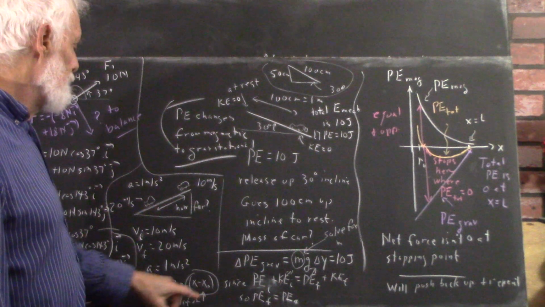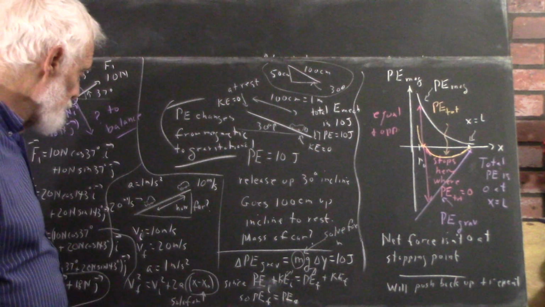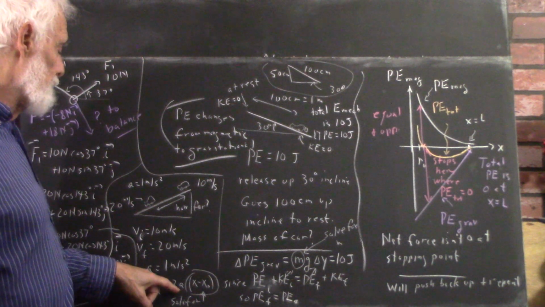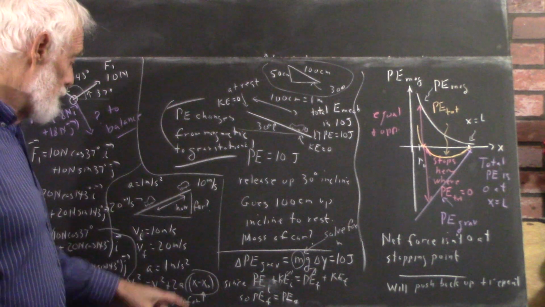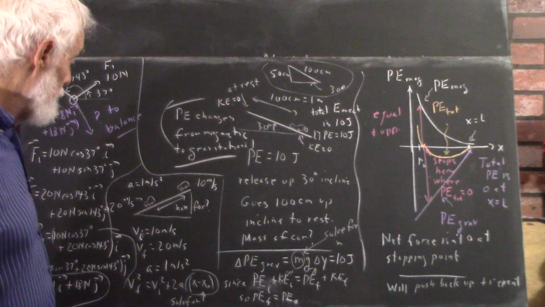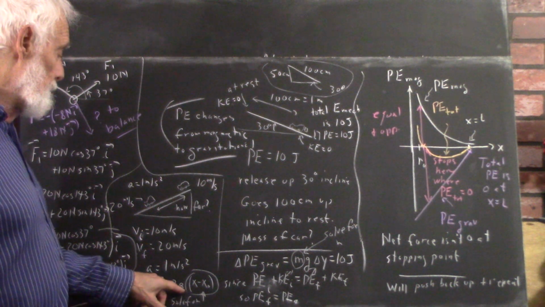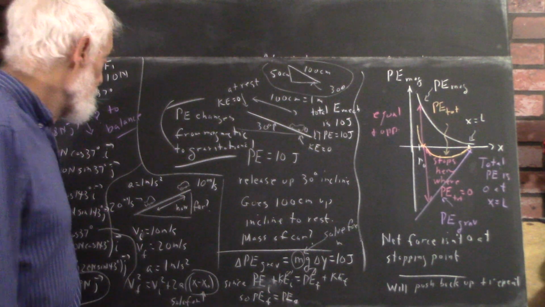You end up using what I usually call the fourth equation of uniformly accelerated motion: final velocity squared equals initial velocity squared plus 2a times your change in position along your path. We know this, we know this, we know this, so we can solve for this. And this is how far you go.